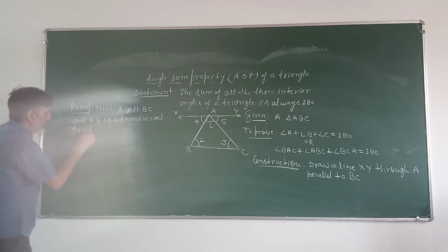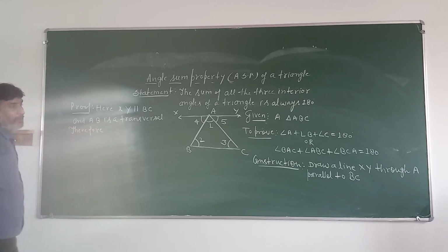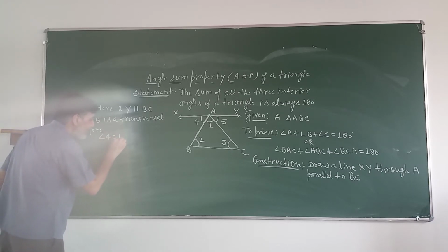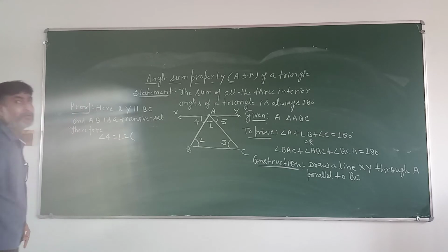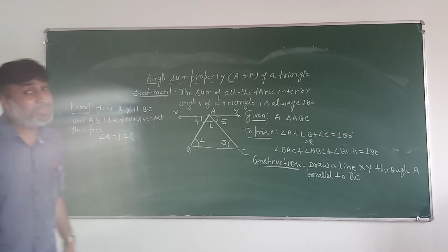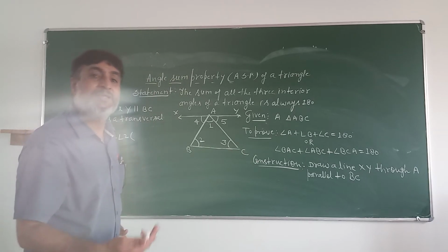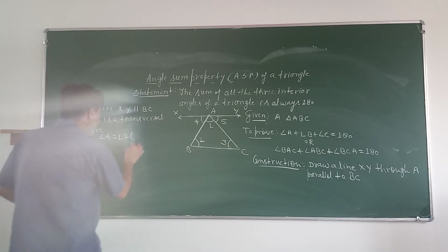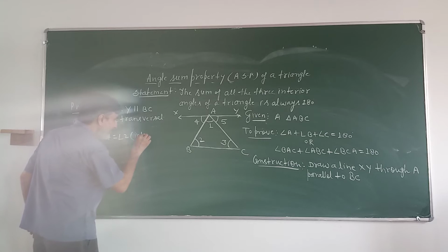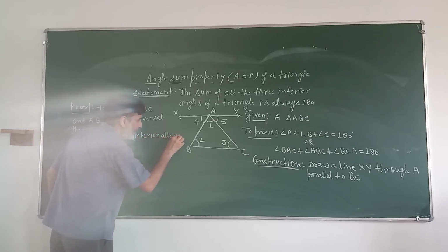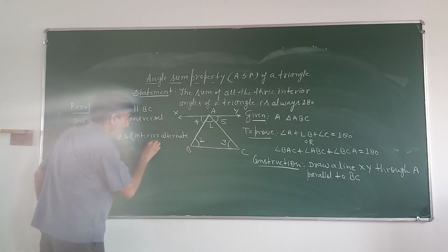Therefore, according to the property of parallel lines, angle 4 equals angle 2. Why? Because these are interior alternate angles, and interior alternate angles are always equal if lines are parallel. So, the reason being interior alternate angles.